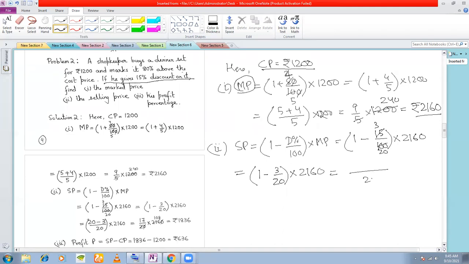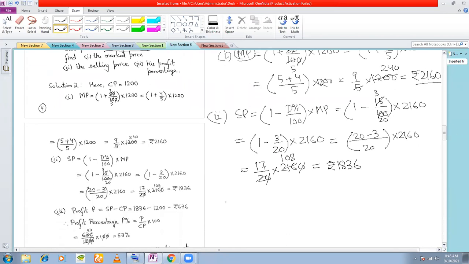Now you take the LCM. 20 minus 3, so get 17 by 20 into 2160. You can cancel this and then cancel this 108 times. So 108 into 17 you can multiply to get 1836. Okay, so this is the selling price.